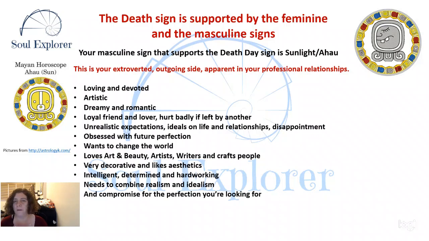So if you were in business, you would make beautiful products. You're intelligent, determined, hardworking. But you do need to work on combining your realism and your idealism in order to have a more joyful life, and compromise for the real perfection that you're looking for, which is happiness and joy.